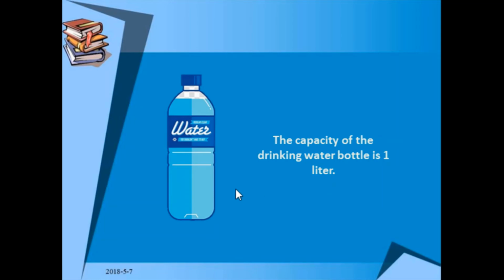That means only 1 liter of water can be placed inside this container. Beyond 1 liter cannot be, so you need to find another bigger container for it. A lesser amount could still be possible, but beyond 1 liter, it cannot be. That is how you tell the capacity of a container.